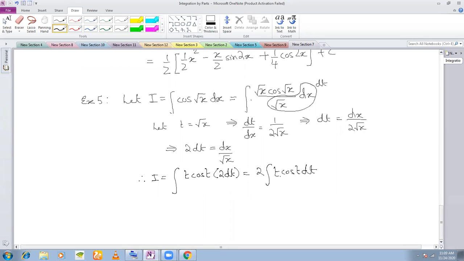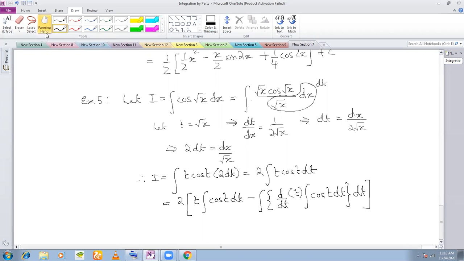Now t cos t dt can be integrated by parts. Take t as your first function into the integral of the second, minus integral of the derivative of the first, d dt of t, into the integral of the second, right? Now you understood?